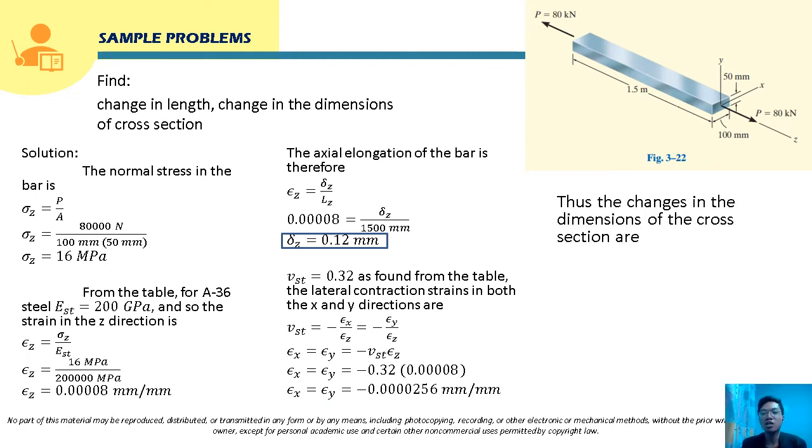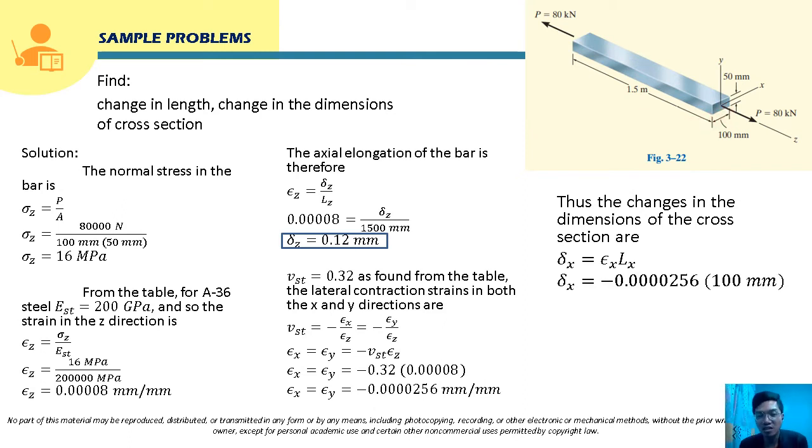From the computed epsilon x and epsilon y, we can compute the deformation, or the delta, let's say for the x direction. The length in the x direction is 100 millimeter. This is the original length of this side. So the deformation in the x direction, delta x, is equal to epsilon x times Lx, where Lx is the length in the x direction, which is 100 millimeter.